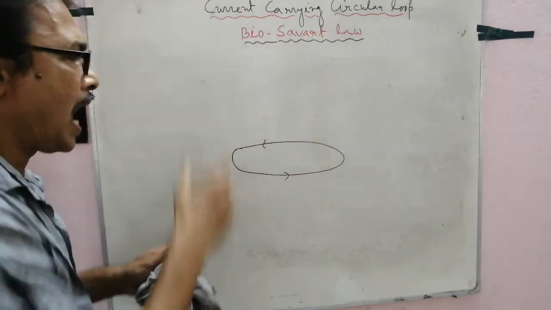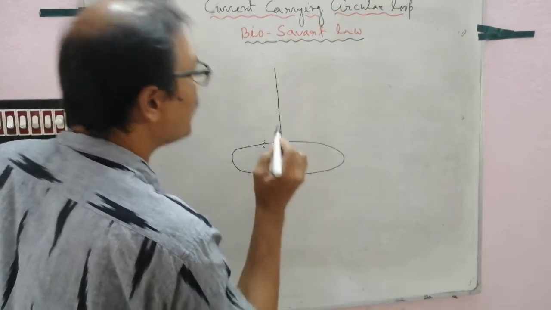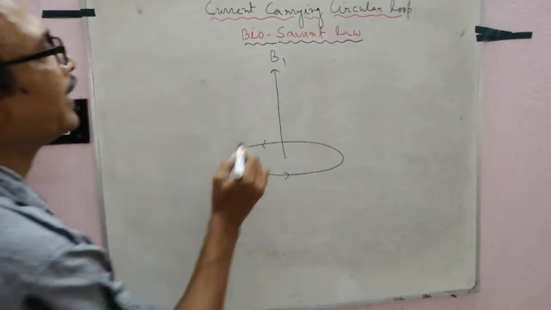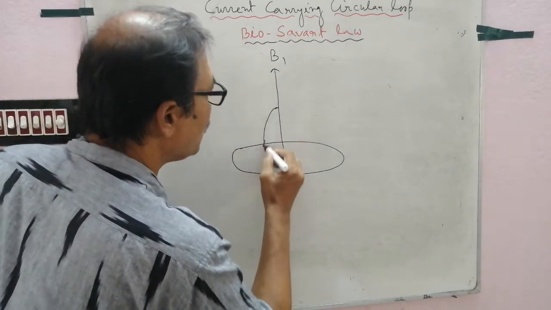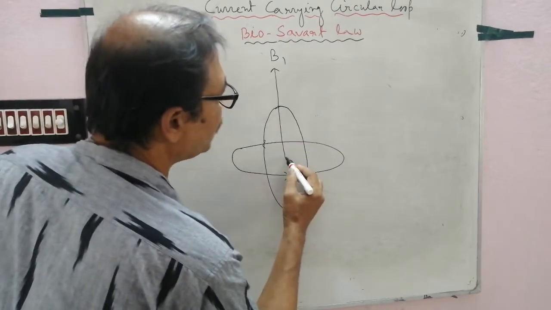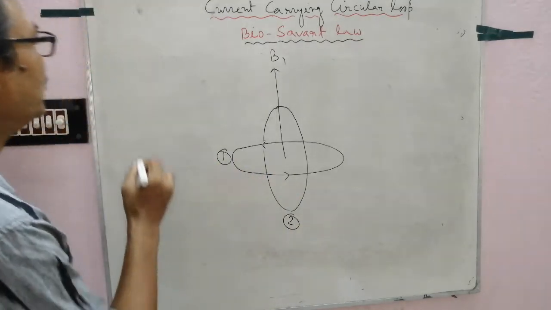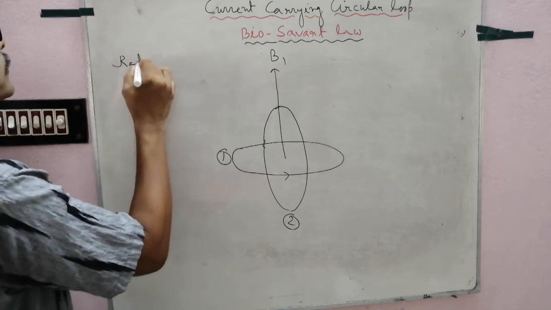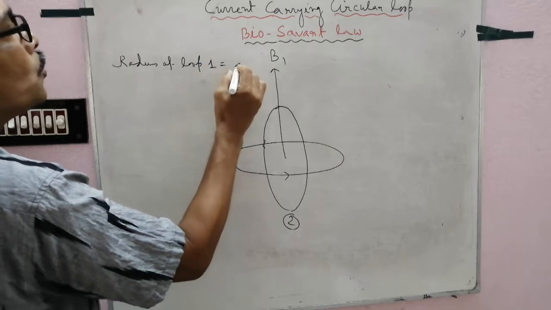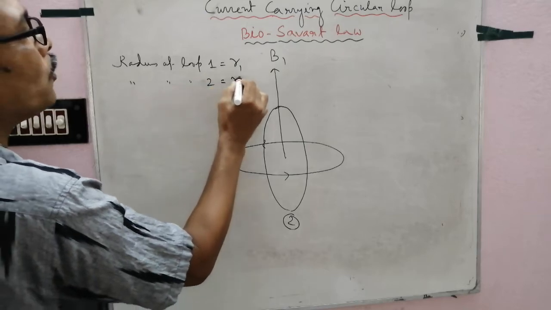So the magnetic field is upward in this direction, suppose B1, and another concentric loop, mutually perpendicular to the first loop. This is loop one and this is loop two. Radius of loop 1 equals R1, radius of loop 2 equals R2.